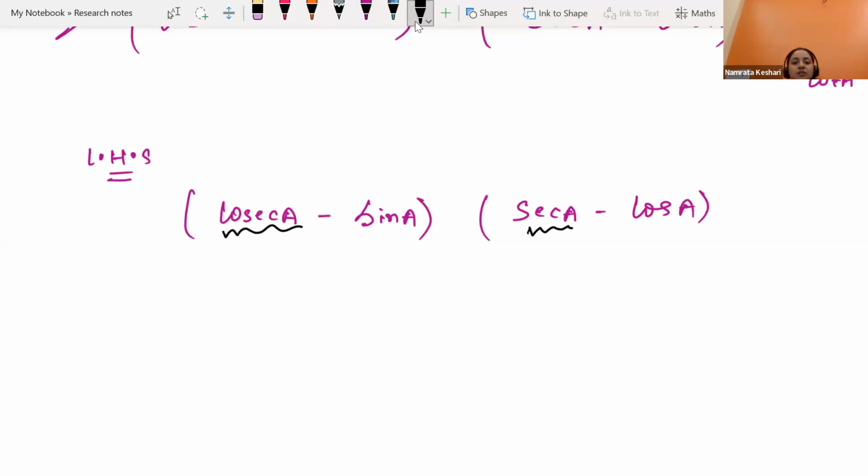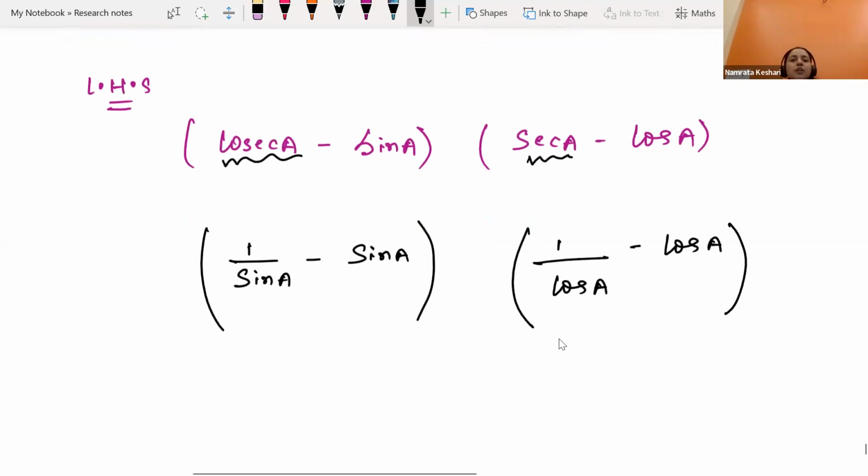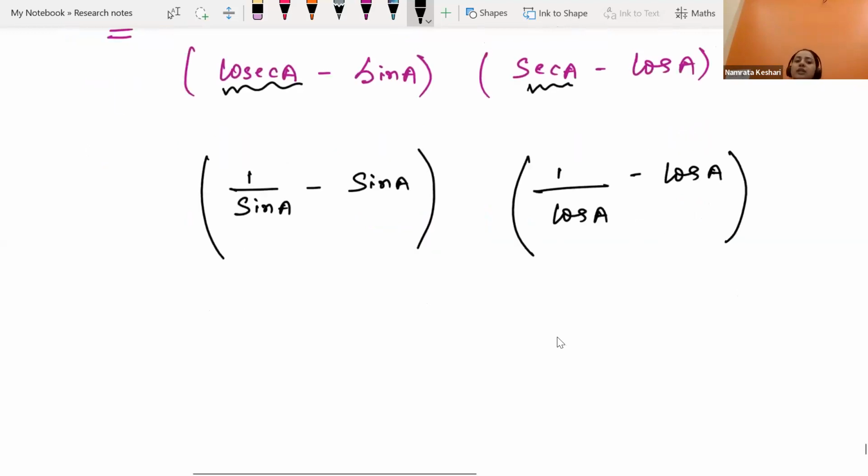At first we don't know where to go, but for now we can convert this cosec as a sine, and the sec in the other bracket as a cos. After doing this, we can focus on the simplification. Maybe we will be on the right track. So let's try doing the simplification and see what we get.